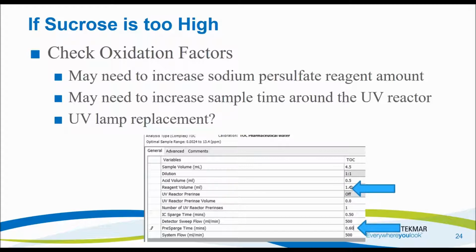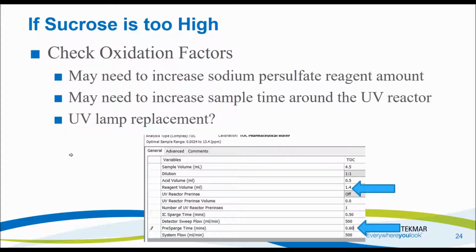That is going to put more sodium persulfate in that chamber with your sample to help that oxidation process along. You can also increase the time the sample is in that UV reactor with the sodium persulfate, and that's with this pre-sparge time. It defaults at 0.2, and I upped it to 0.6. Those are the types of things you can do to help that along. But really, with the default parameters, we were able to help it oxidize.